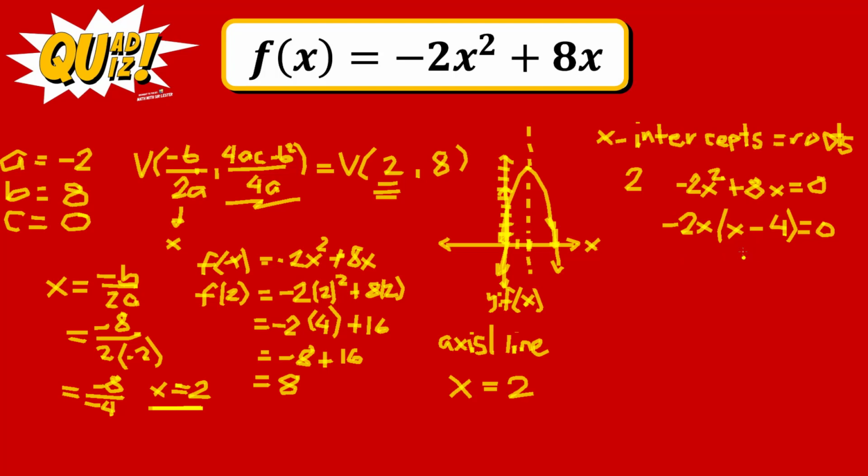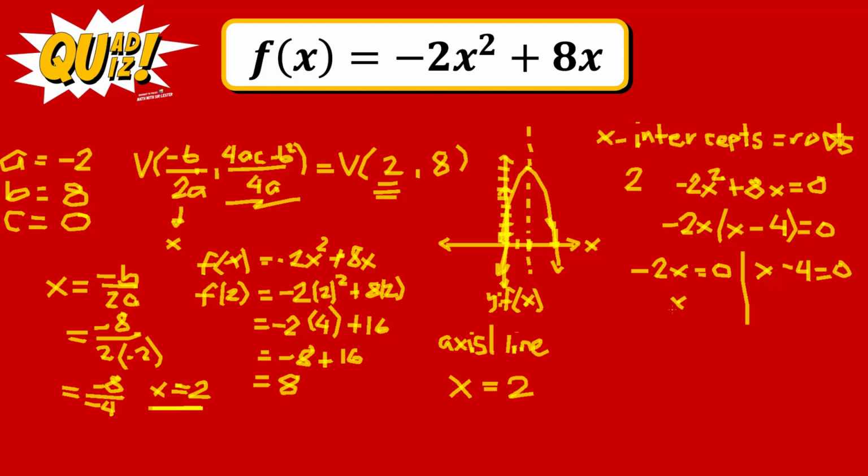Now, according to the zero product property, this equation could only be true if one or both of the factors are equal to 0. So we equate both of the factors to 0. So -2x is equal to 0. x minus 4 is also equal to 0.